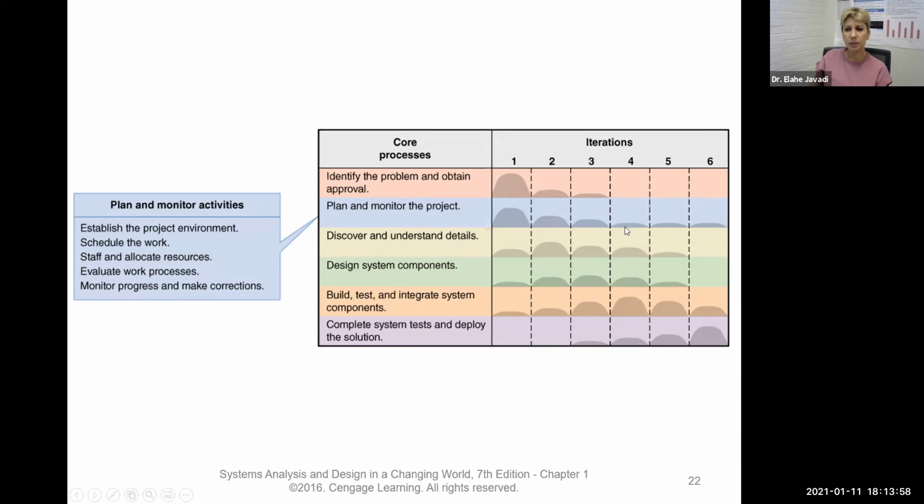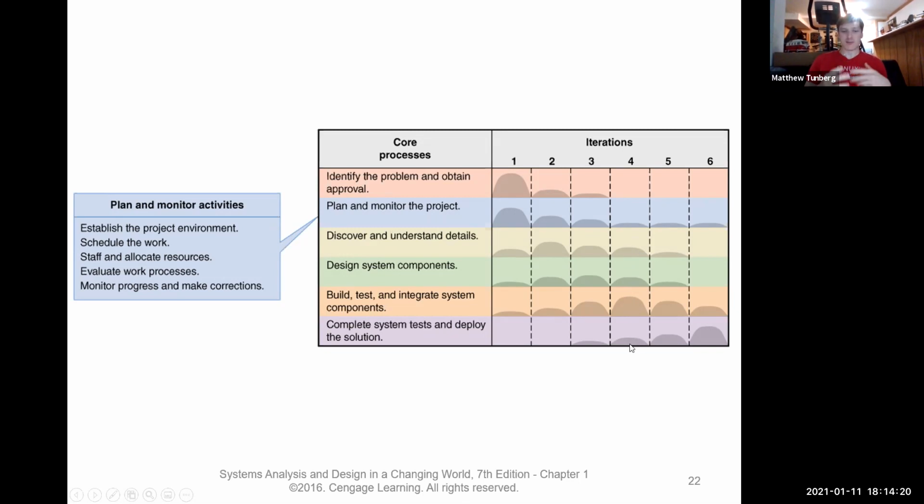What happens in the fourth iteration, Matthew? So in the fourth iteration, that's when you completely stop identifying the problem. You should be into the part where you're actually implementing the key portions of the project itself. That's when you're doing most of the testing and making sure that the system works.